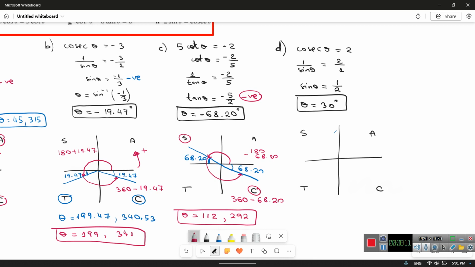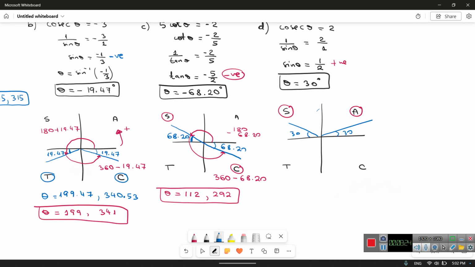We want where sine is positive. Sine is positive in the first and the second quadrant. We want the angles with the horizontal as 30 degrees, and we would like all the angles between 0 and 360 degrees. The first one is 30 degrees. The second one is 150 degrees.